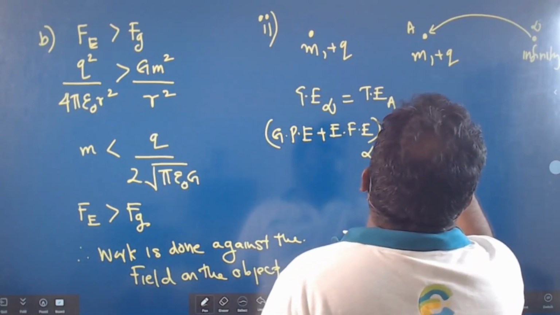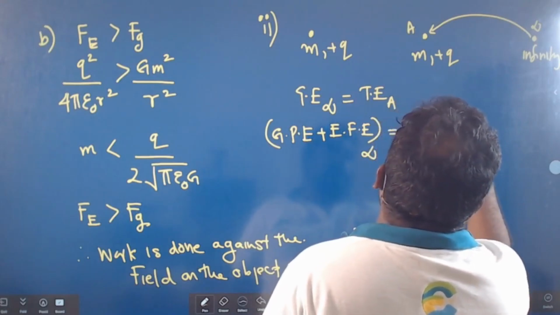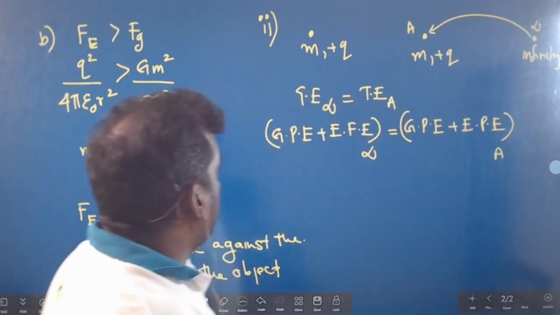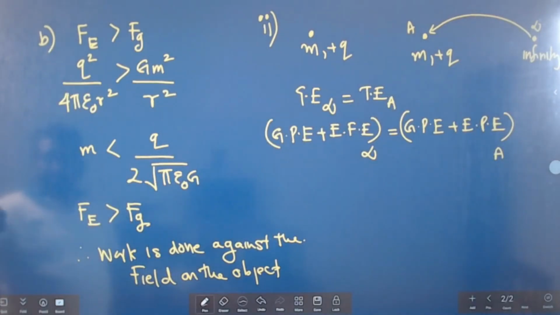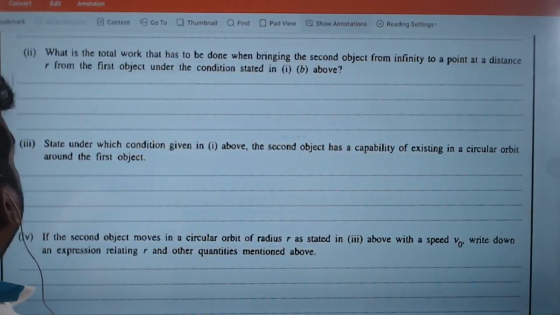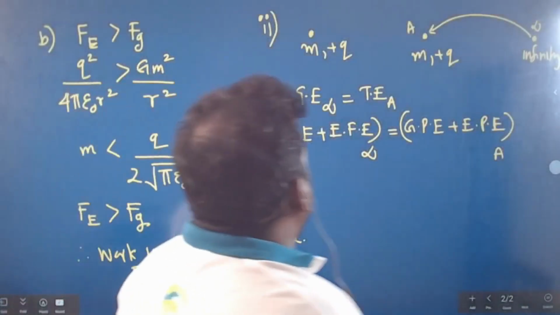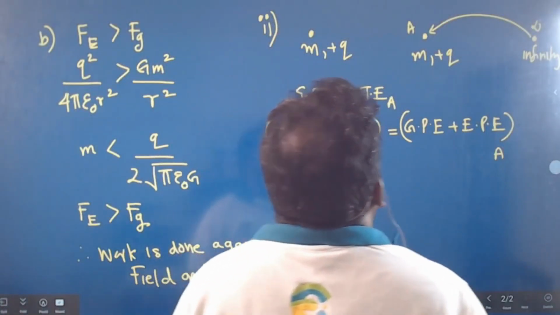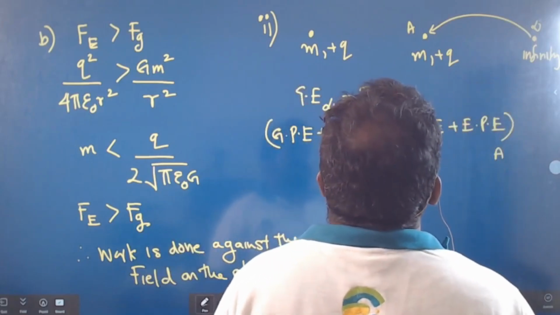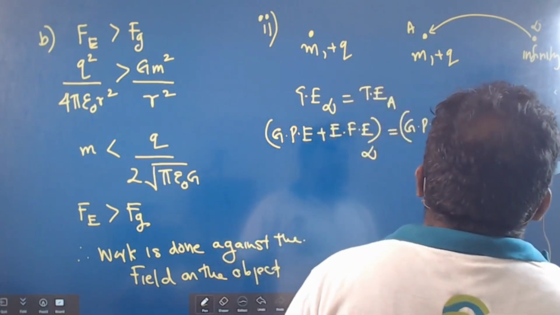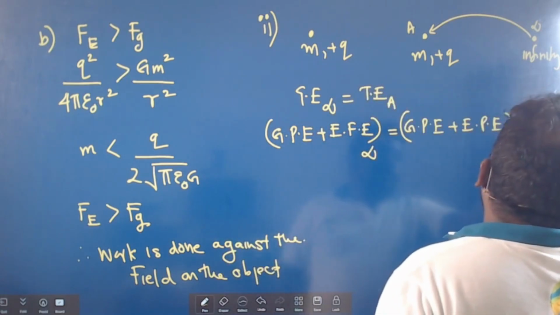Here, total energy at A is gravitational potential energy plus electric potential energy at A. If you look at this, to bring the object we must do some external work.